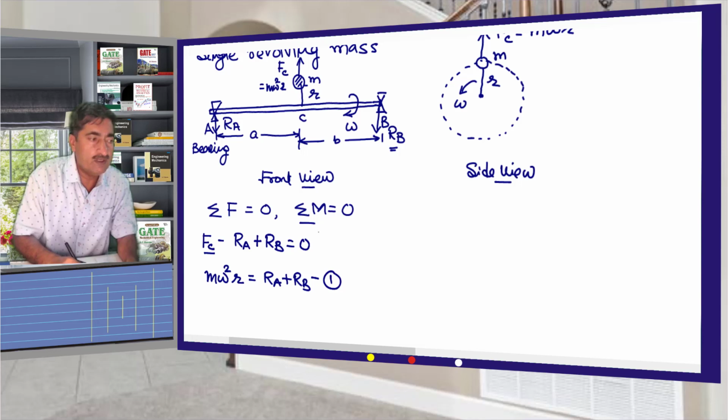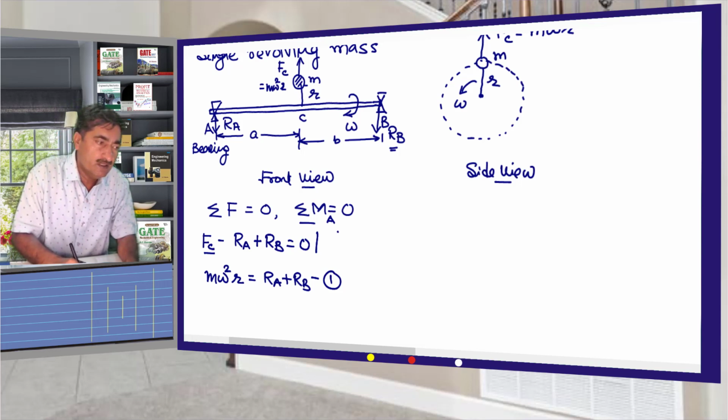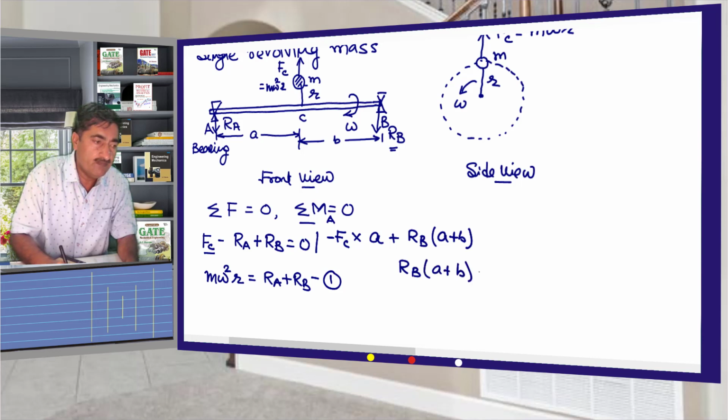Then take the moment about A or about B. Fc into a, anticlockwise moment, minus, plus Rb into a plus b equals 0, so Rb into a plus b equals Fc into a, where Fc equals m omega square r.